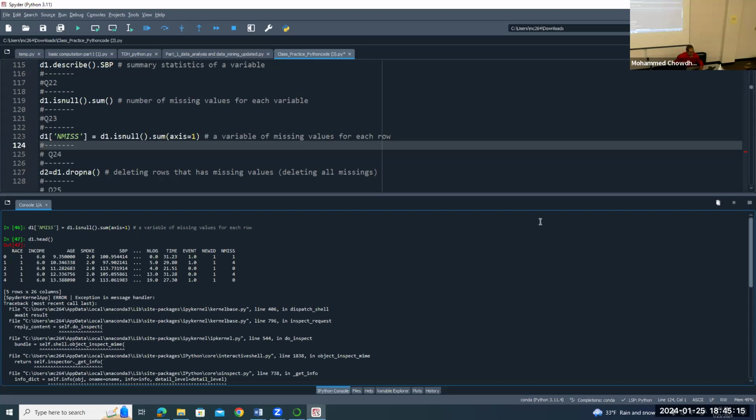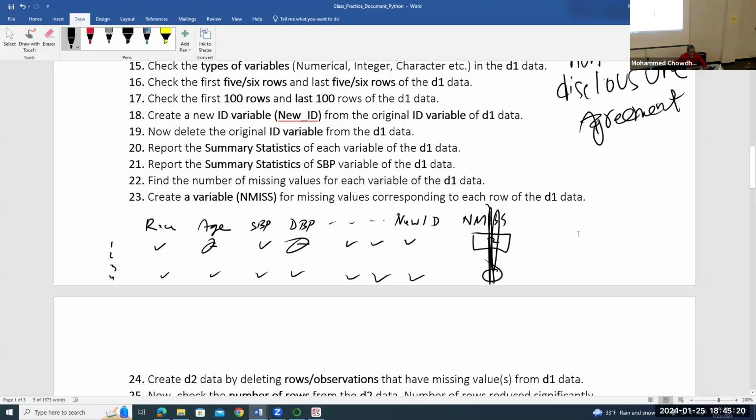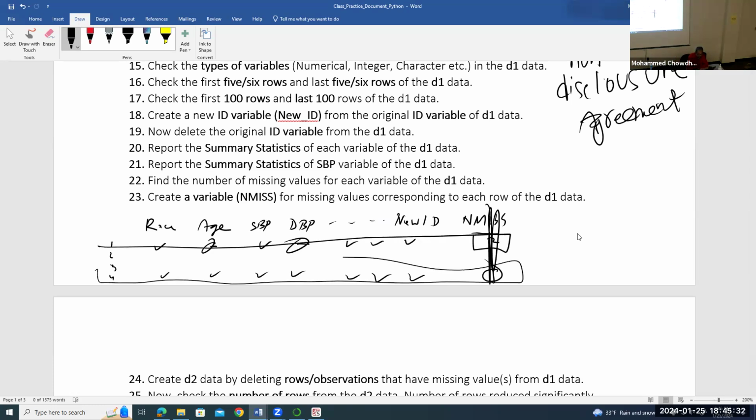Now the next question, question number 24, is asking: suppose a row has a missing value. This row will be deleted. And a row that does not have a missing value, we will keep. Any row that has a missing entry will be deleted.